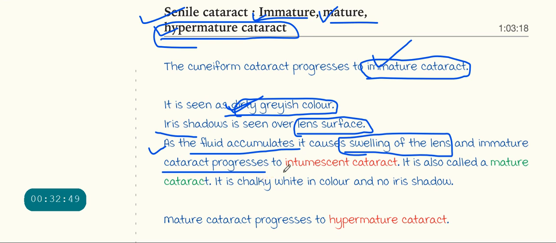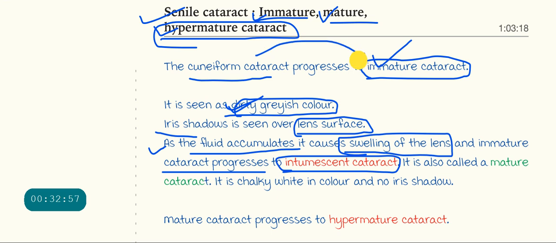Very simple. Coniferous cataract progresses to immature cataract, and immature cataract progresses to intumescent cataract after the swelling of the lens via fluid accumulation.